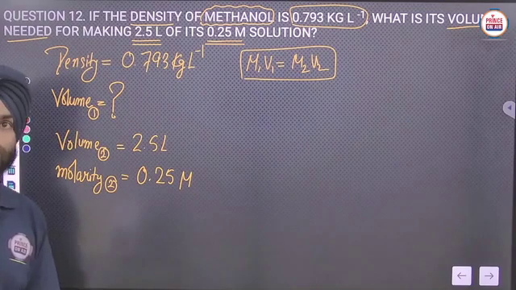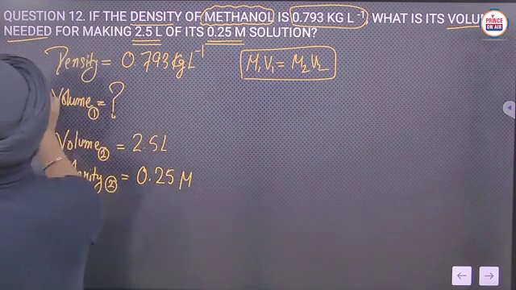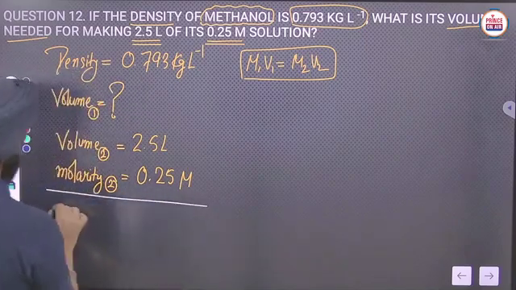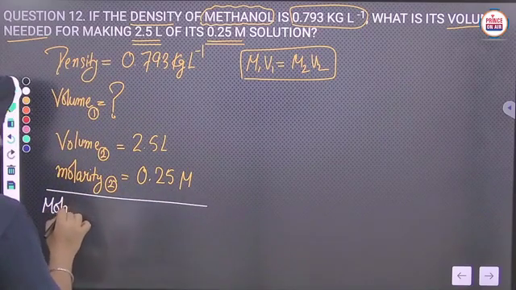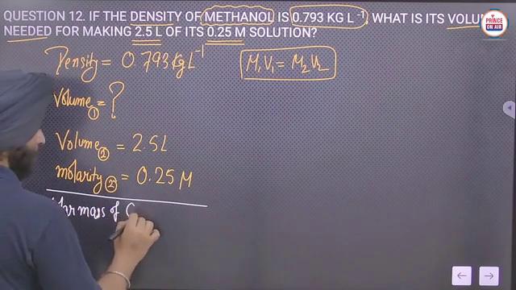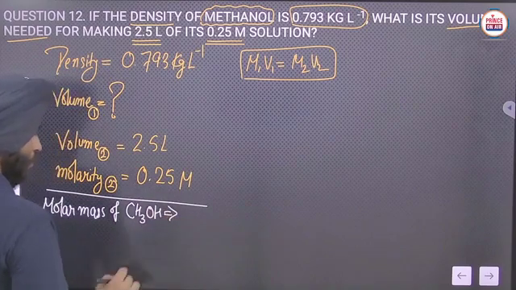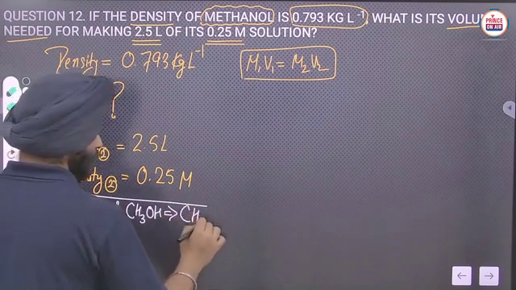Clear? So try to do that question now. All terms I have given to you. Firstly, try to calculate the molar mass of methanol. Methanol is CH3OH, or you can say CH4O.